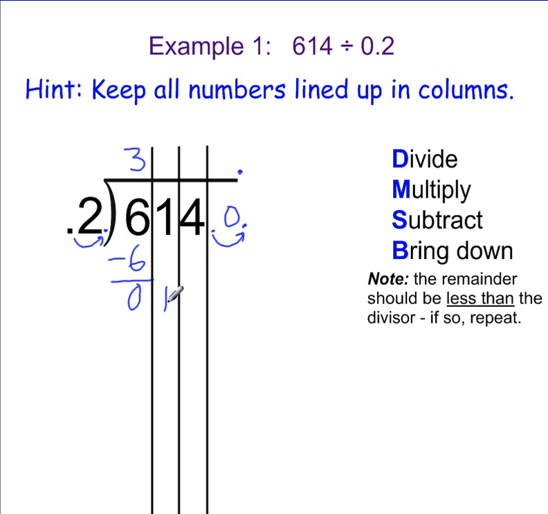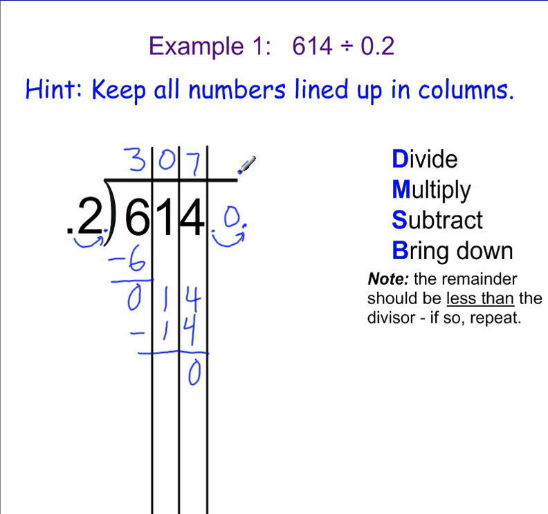2 divided into 1. 2 does not divide into 1 at all, so I need to put a 0 here in my quotient. That allows me to bring down another number. 2 into 14 goes 7 times. 7 times 2 is 14. Then I subtract, and I get a remainder of 0.